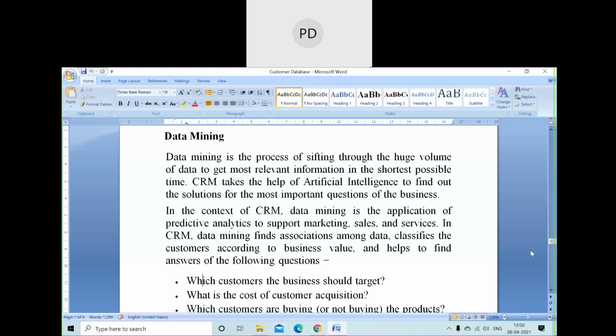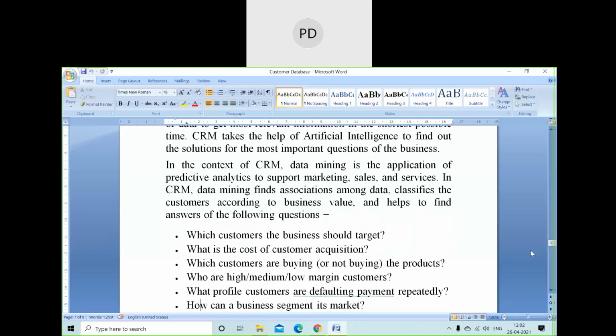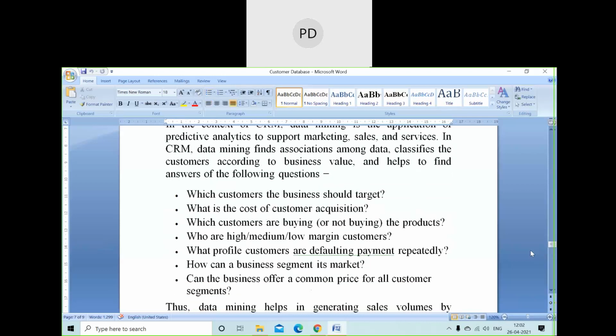These are the questions which you can ask. So just understand what data mining is: asking for the information which is most relevant. And how do you get it? By artificial intelligence.